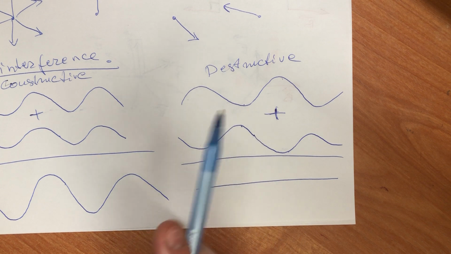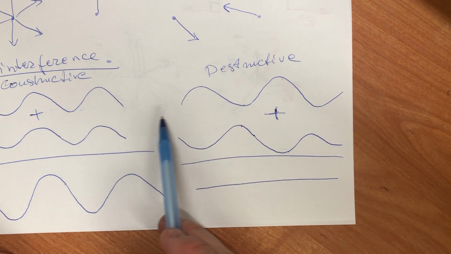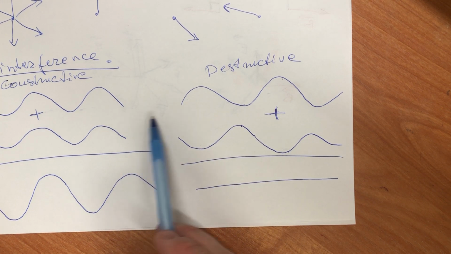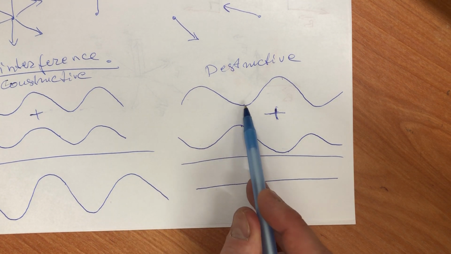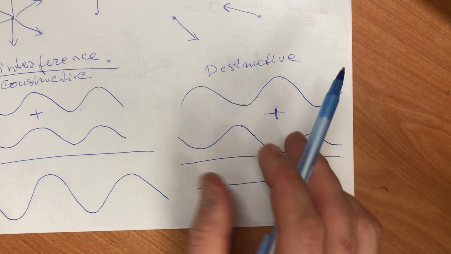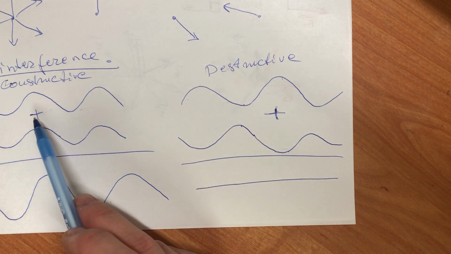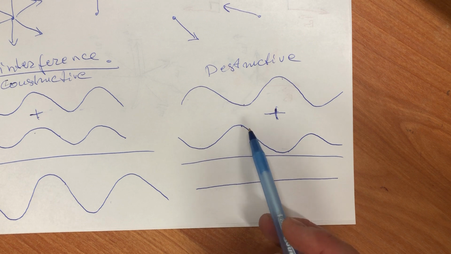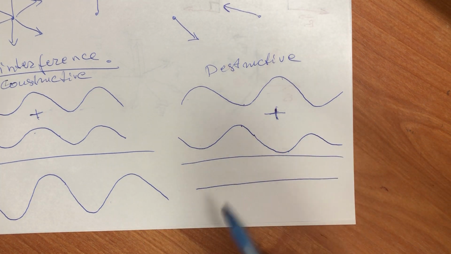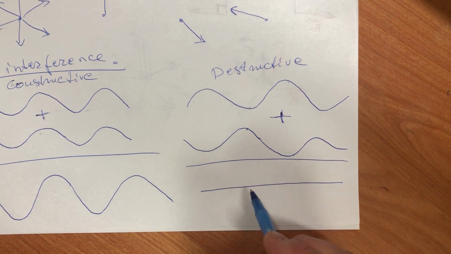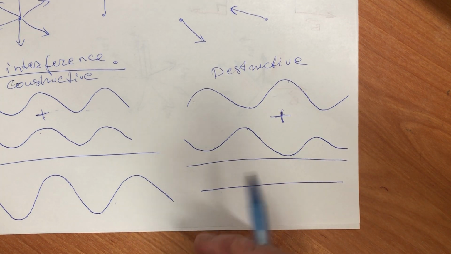If we have some intermediate variation, we get partial interference. In this case they correspond, here they don't correspond, but if we get something in between, then the result would be intermediate between this and this.